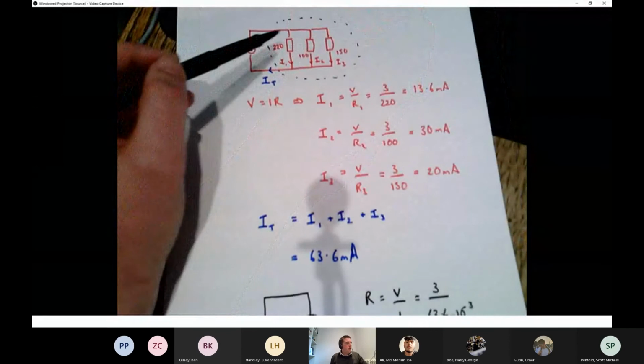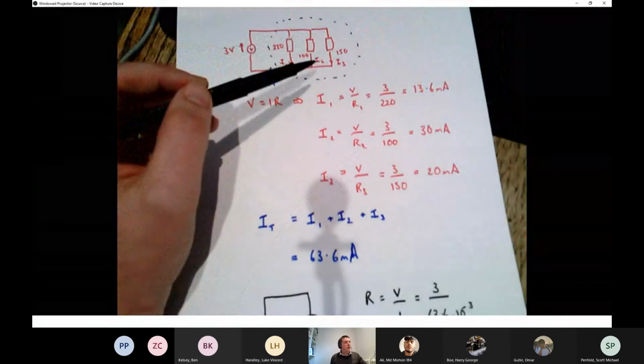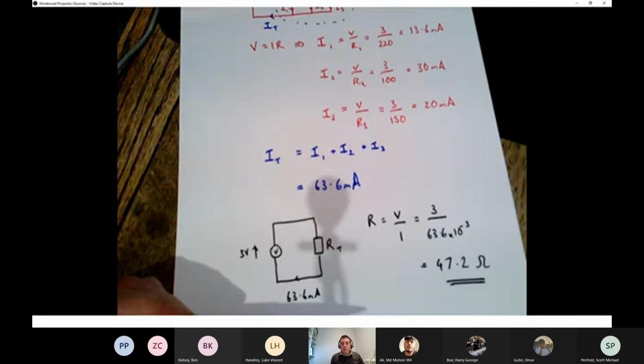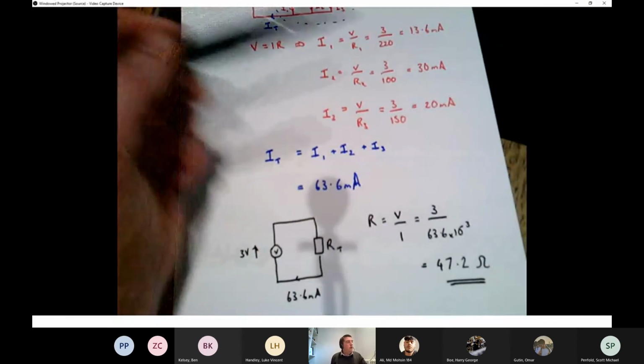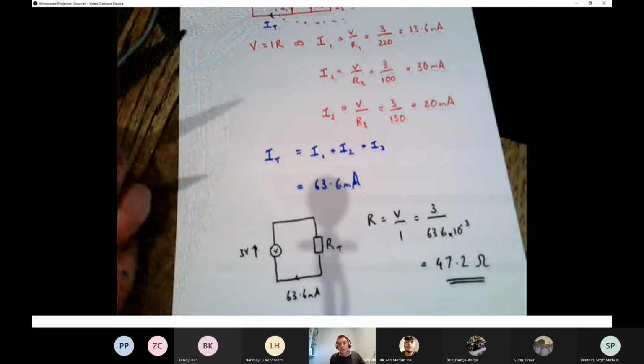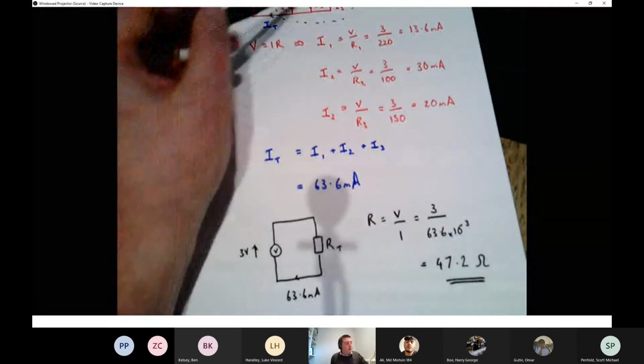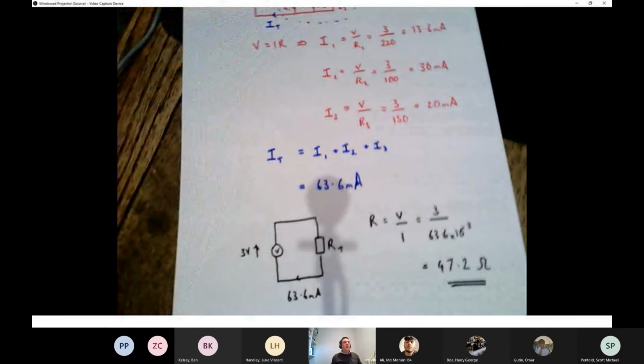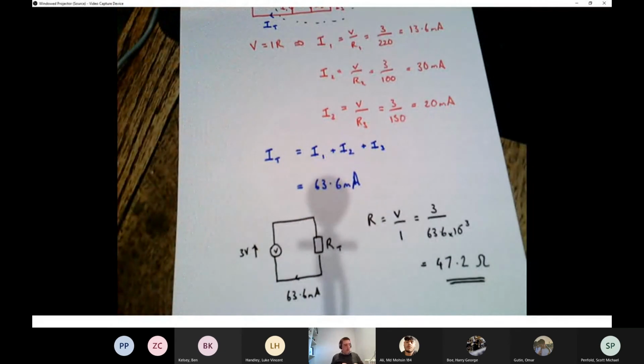We had a 220, a 100 and a 150, and together they have the same effect as something like 47.2. So resistors in series in some of the previous examples added up, but these resistors in parallel don't add up at all. We end up with a smaller output than any of the individual resistances. That's a key thing to hang on to.